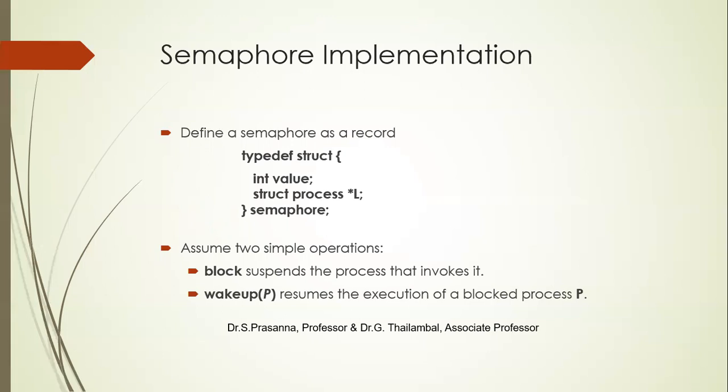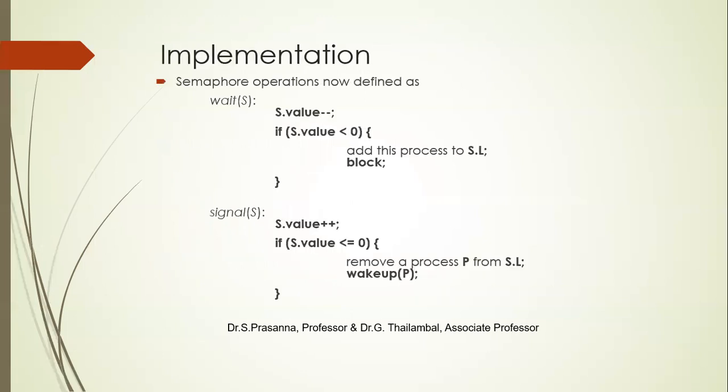If for some reason a process is suspended, it can be raised up again with the help of the wakeup command. These two operations are executed only when needed, but wait and signal are the most important operations and should be executed for each and every process.